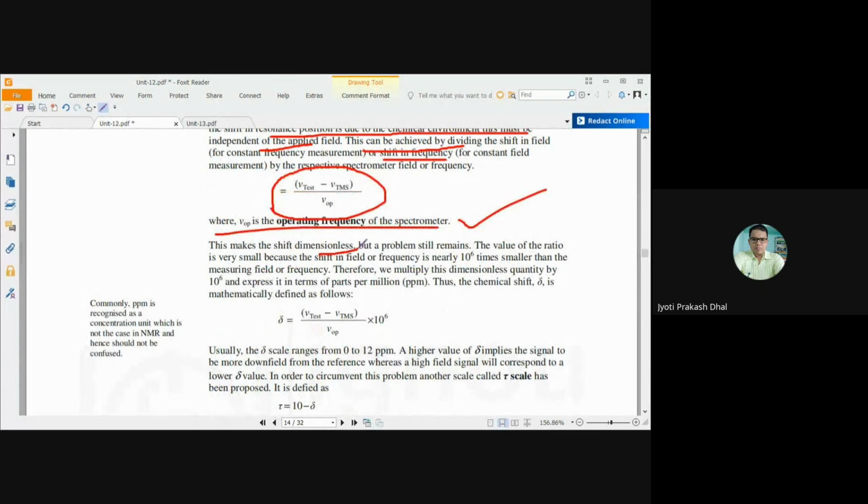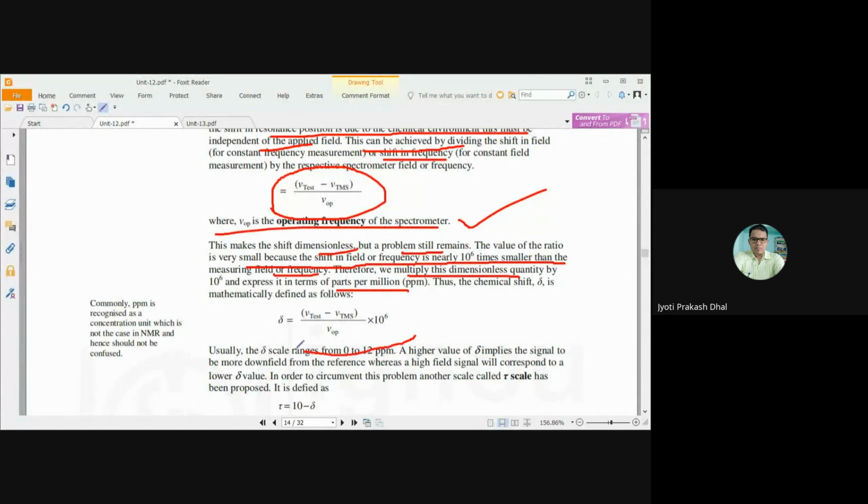So the shift becomes dimensionless, but a problem still remains. The value of the ratio is very small, because the shift in field or frequency is nearly 10 to the power 6 times smaller than the measured field or frequency. Therefore, we multiply this dimensionless quantity by 10 to the power 6 and express it in parts per million, that is ppm.